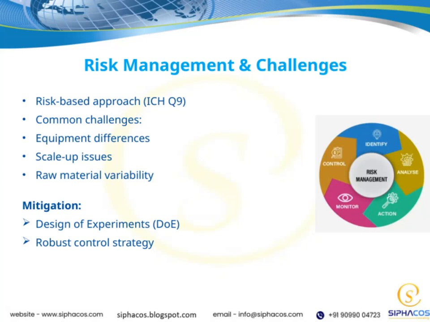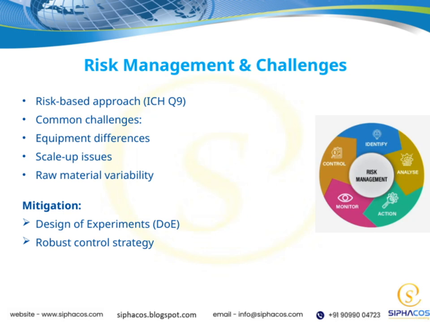Now, let's turn our attention to risk management and the challenges we face. When approaching quality and safety, we often rely on a risk-based approach, as outlined in ICH Q9. This means we're systematically identifying and controlling potential risks throughout our processes to ensure consistent product quality. Of course, there are common challenges that can arise.